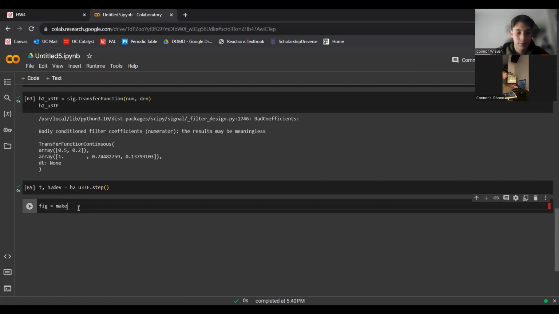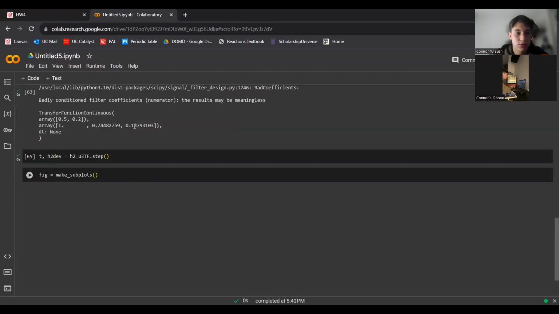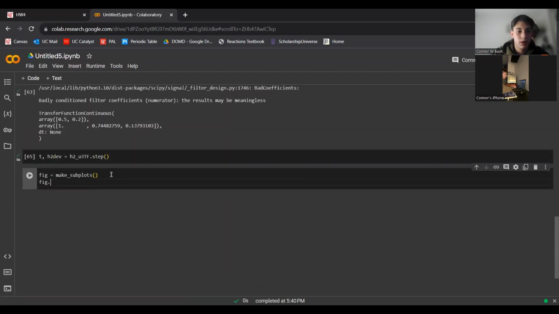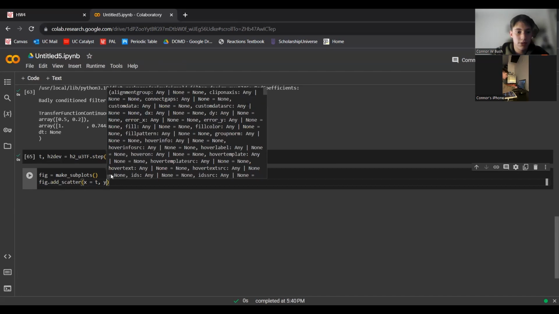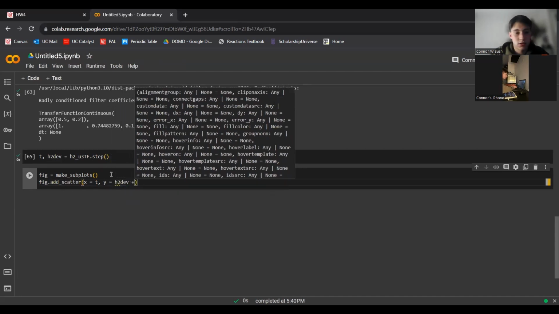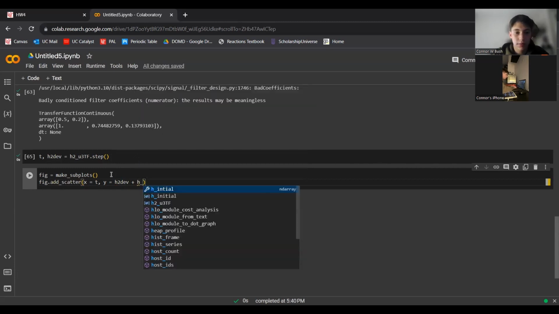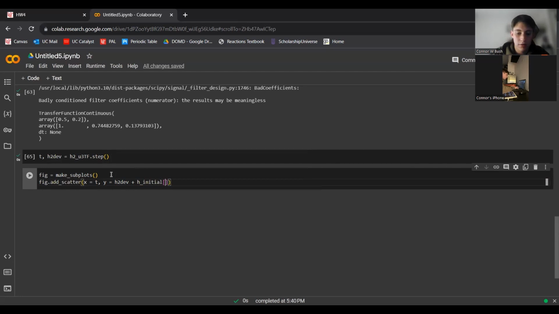We can do this from plotly.subplots, make subplots. That's what that's coming from. And then we're going to add a scatter plot where the x value is the time, and then the y values are these deviations plus the initial height of index 1, meaning for H2.